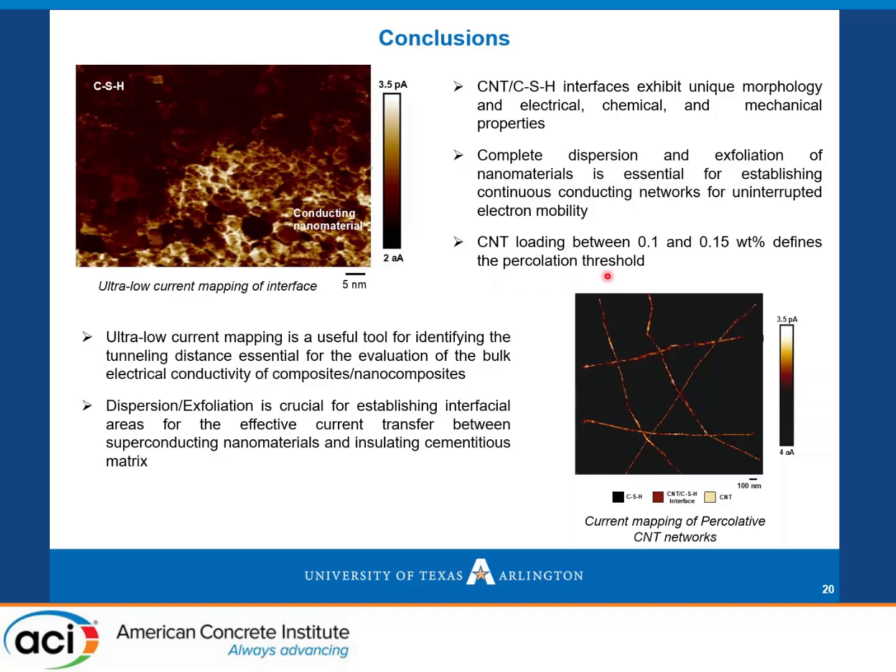We found that the percolation threshold of CNTs ranges between 0.1 to 0.15% per weight of cement, and the ultra-low current mapping is a useful tool for identifying the tunneling distance, which is essential for the evaluation of the bulk electrical properties, the electrical conductivity of nanocomposites. And the dispersion and exfoliation is crucial for establishing interfacial areas for the effective current transfer between the conducting nanomaterials and the insulating cementitious matrix.